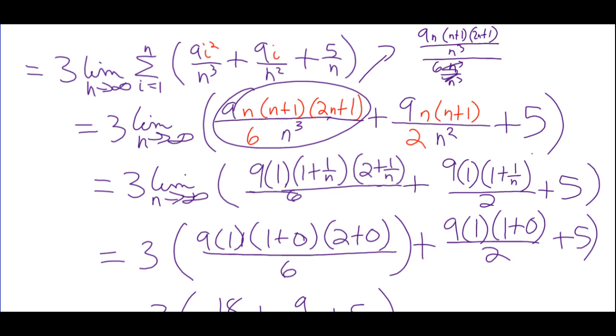When I divide this by n cubed, think about it. I've got an n and an n and an n, right? So I'm not going to divide by n cubed. I'm going to divide by n times n times n, and I'm going to split it out so that each of these guys gets divided by n, right? So when I divide this term by n, I get 1. When I divide this term by n, I get 1 plus 1 over n. And when I divide this term.